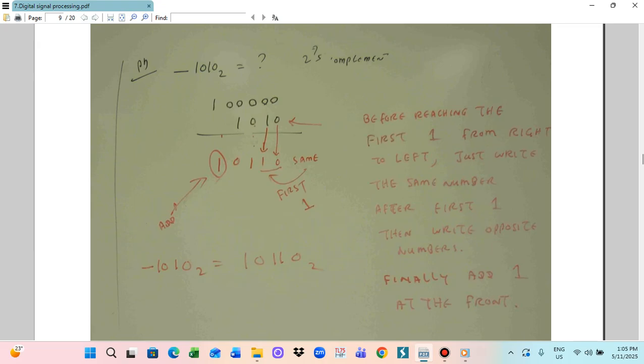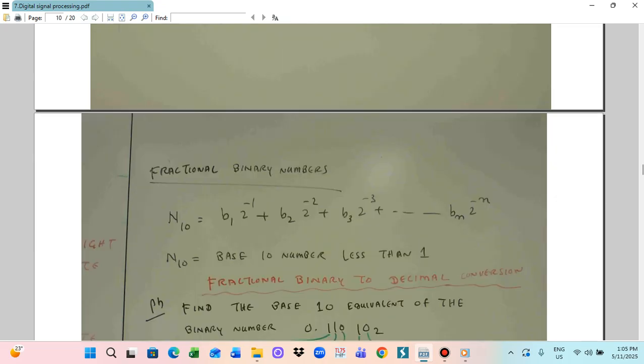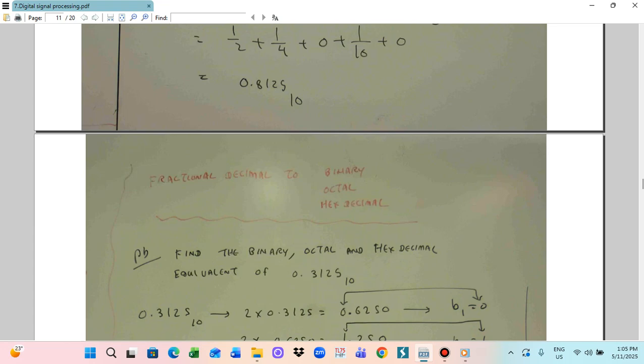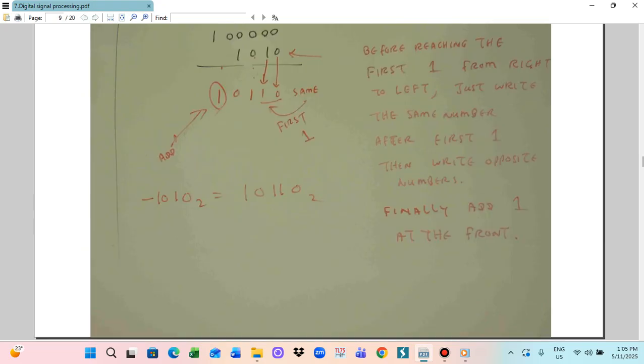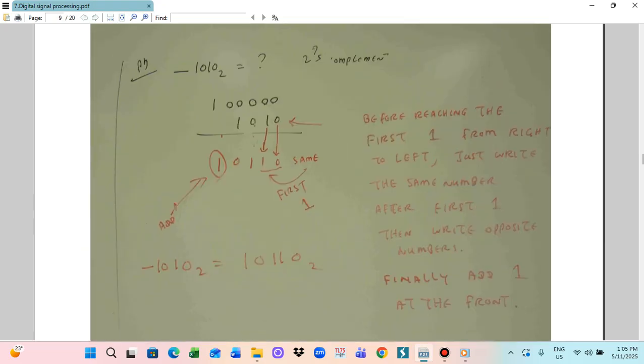The easiest method, so this is method 2. We don't subtract. Instead, first you subtract 100000, and then you put 1011. What you do is this other method, which is easier. The first number, you just write the same number.